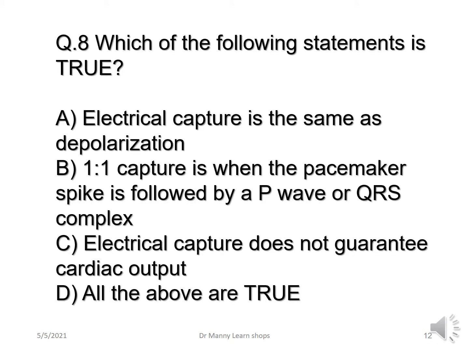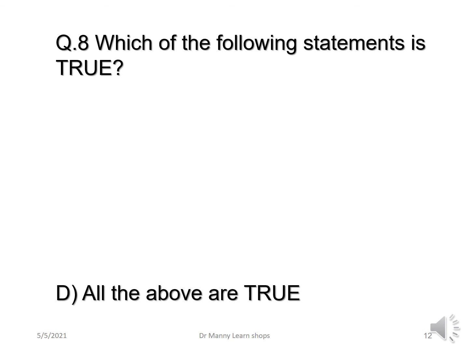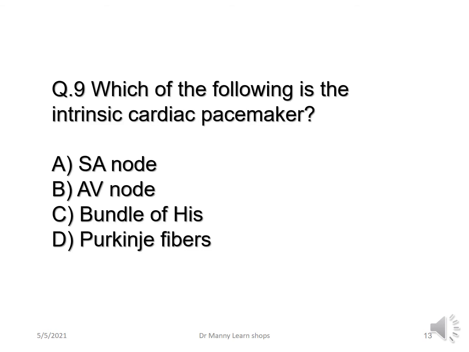Question 8. Which of the following statements is true? A, B, C, or is it D? The correct answer is all the above are true. Which of the following is the intrinsic cardiac pacemaker?